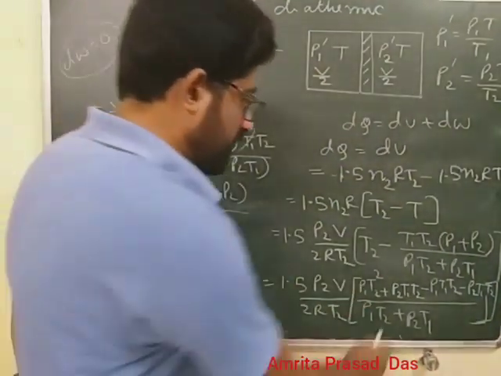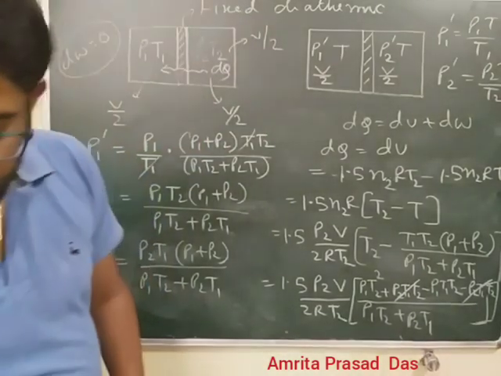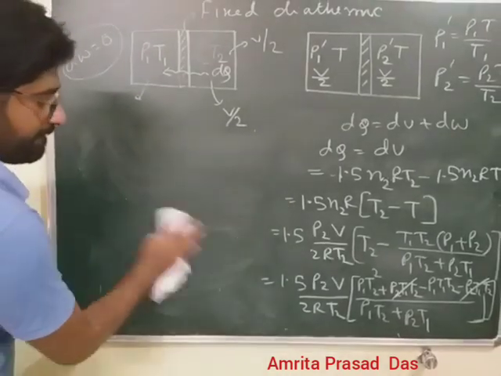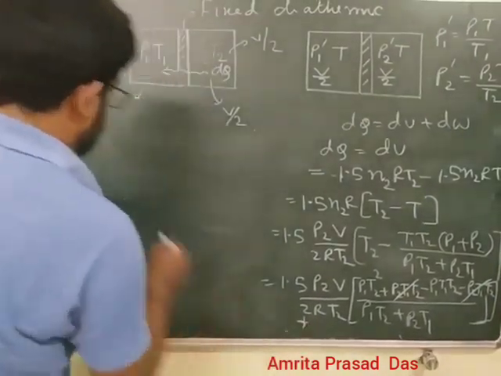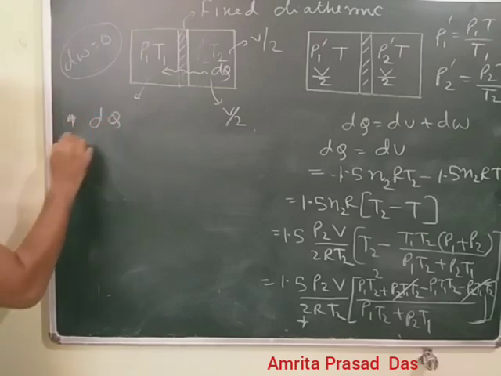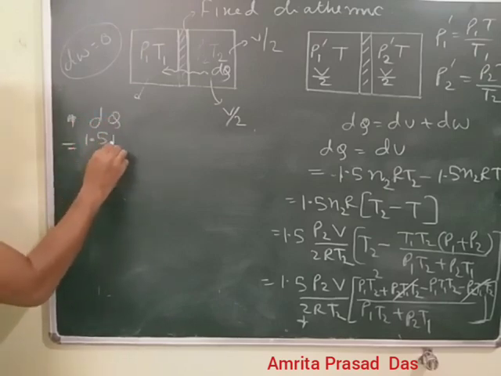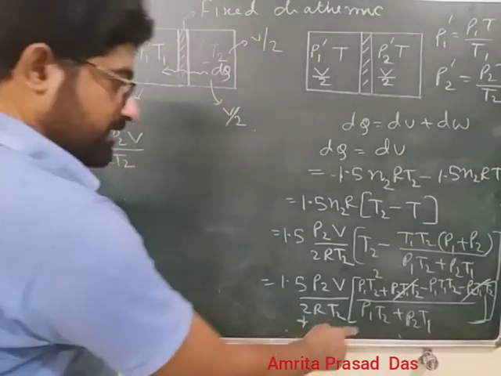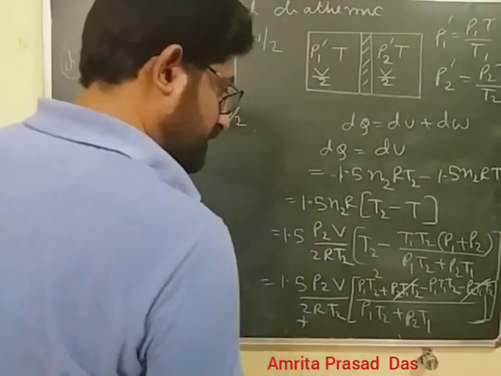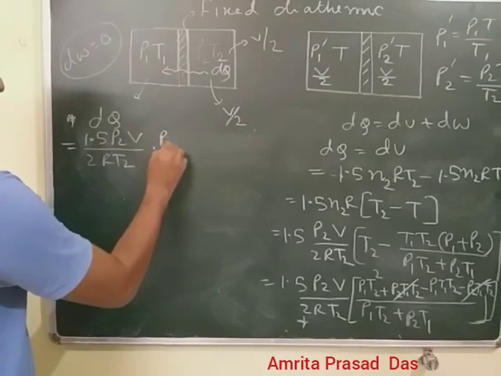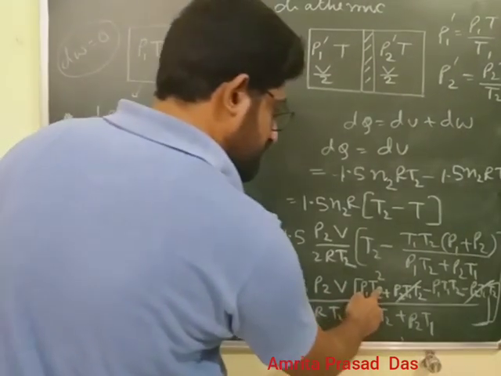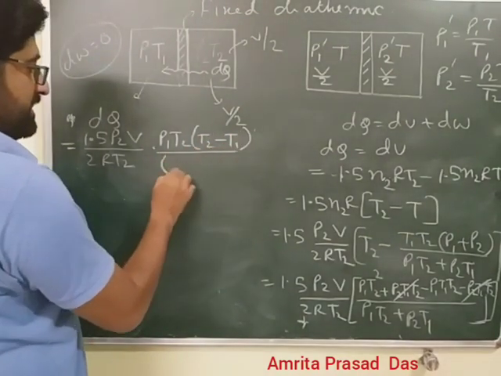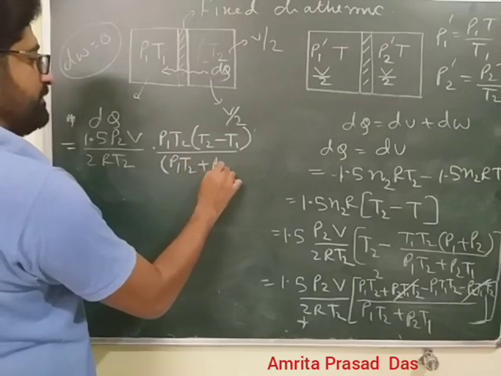This term P2 T1 T2 cancels. Therefore, we can write dQ is equal to 1.5 P2 V by 2R T2 into P1 T2 (T2 minus T1) divided by P1 T2 plus P2 T1.